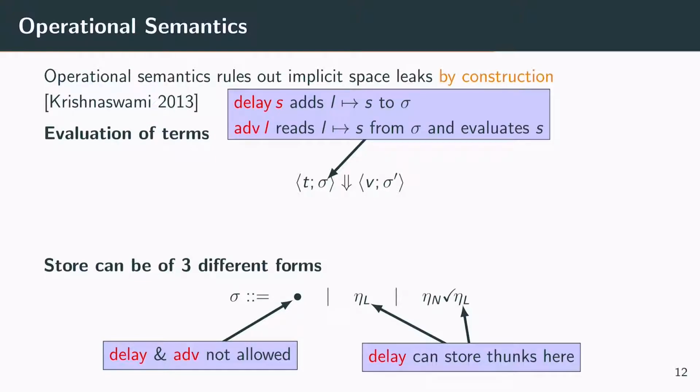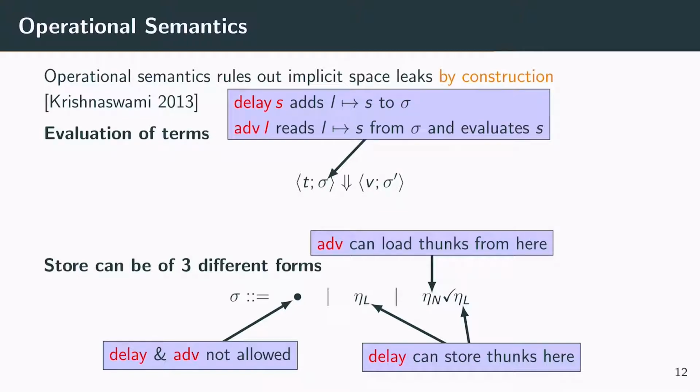If we have what we call a later heap, this eta L, we can store thunks there. Right? So these are things we store in the later heap, so they can then be executed later on. And then if we have a now heap, this thing here, we can load thunks that have previously been stored by delay there.